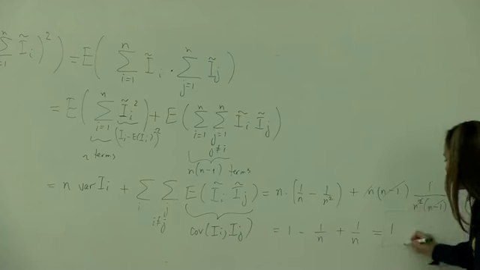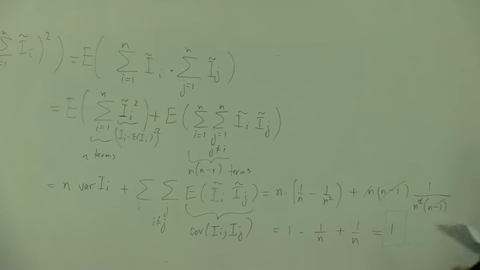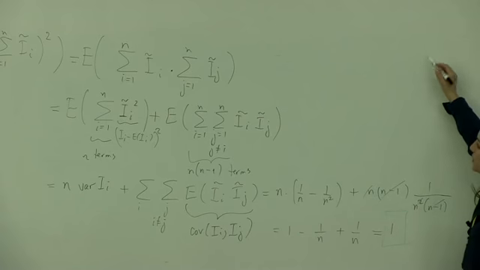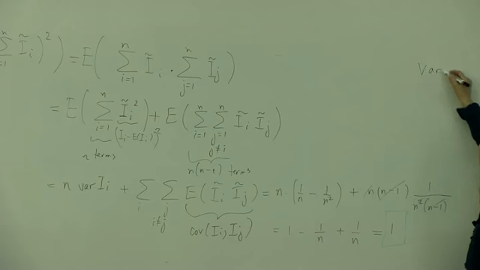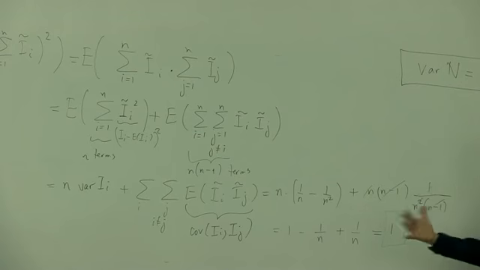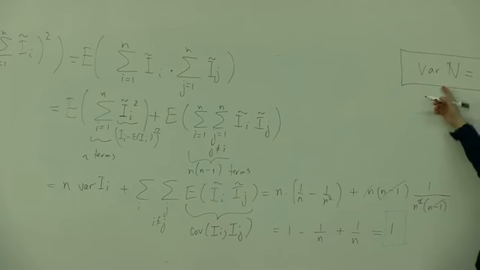And the surprising but nice result follows. It tells us that the variance of n is 1. So we just found that the variance of n is 1. So the variance of the number of people getting their own hats is 1. And if you remember, the expectation of n was also 1.